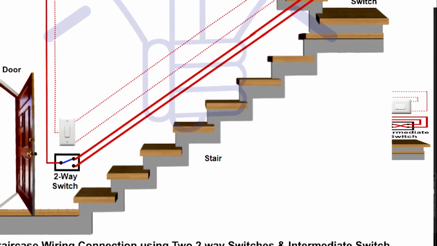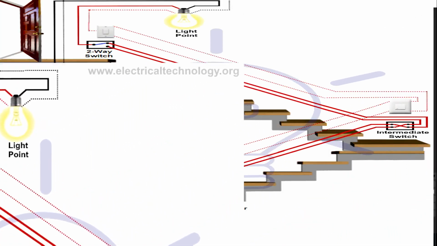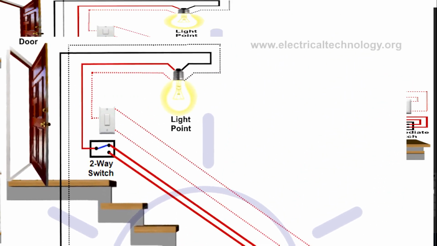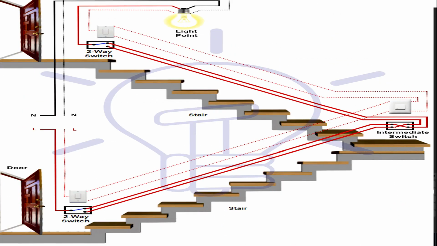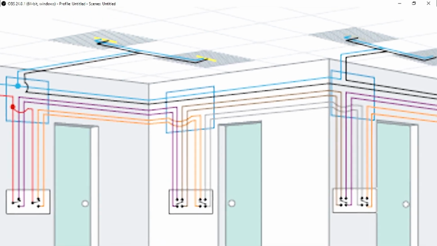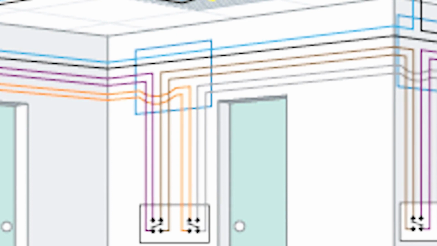Generally, we do combine the gangs and the ways while describing a switch. Thus, we can say one gang two-way switch, or you say two gang one-way switch, etc. Although the ways can only be deduced from the way the switch has been connected to the circuit.